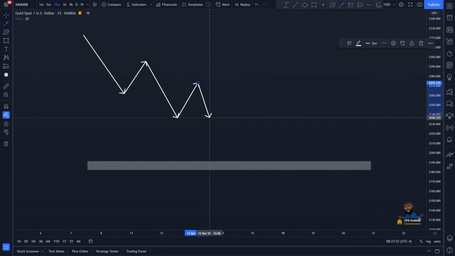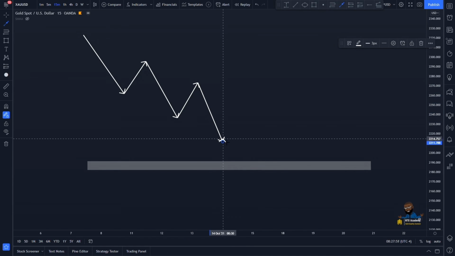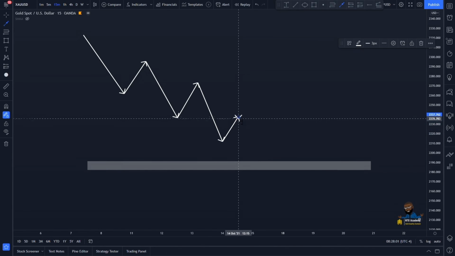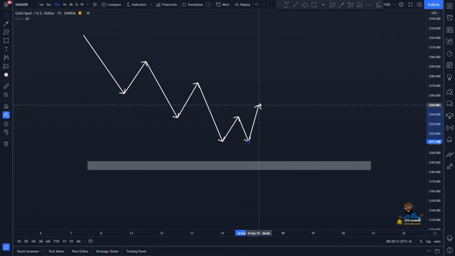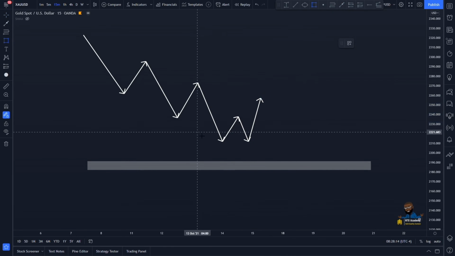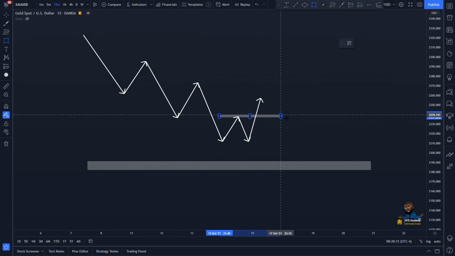Now, what normally happens is the market will struggle to create another lower low. So sometimes it will look something like this, right? And then we actually break previous lower high structure.